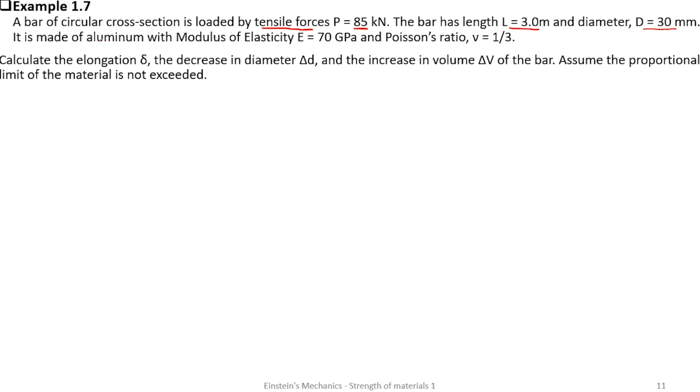It is made of aluminium with modulus of elasticity E of 70 gigapascal and Poisson's ratio V of 1 over 3. The question asks us to calculate the elongation, the decrease in diameter, and the increase in volume, if we assume the proportional limit of the material is not exceeded.